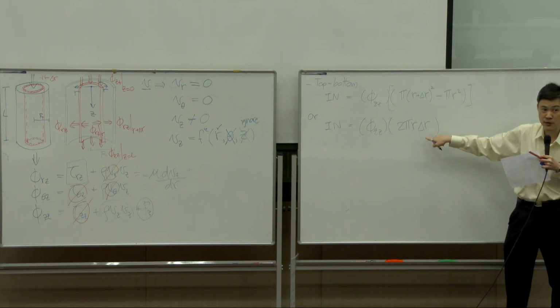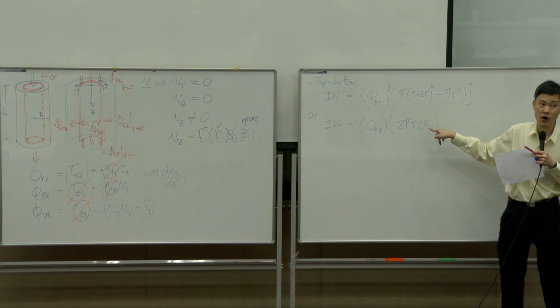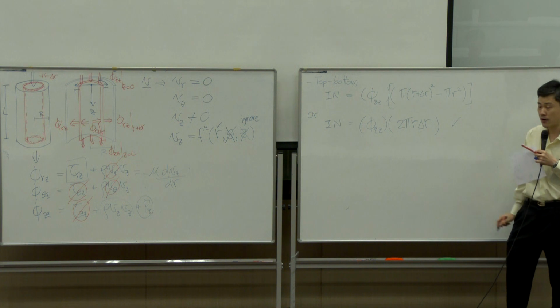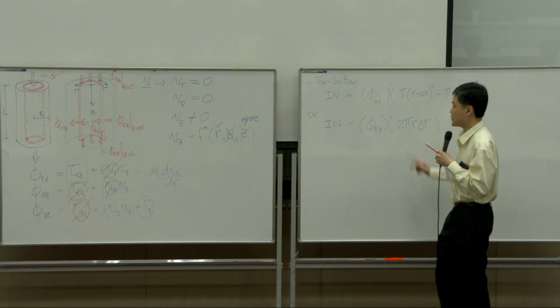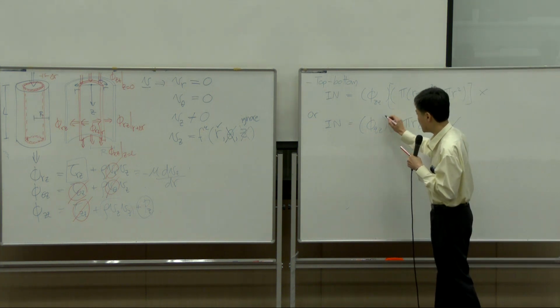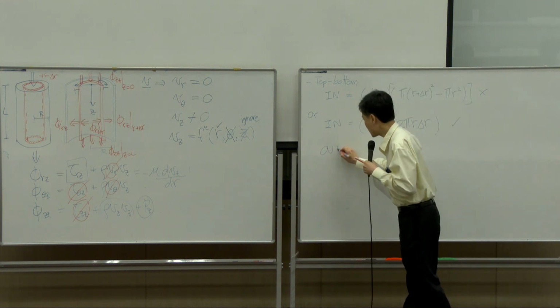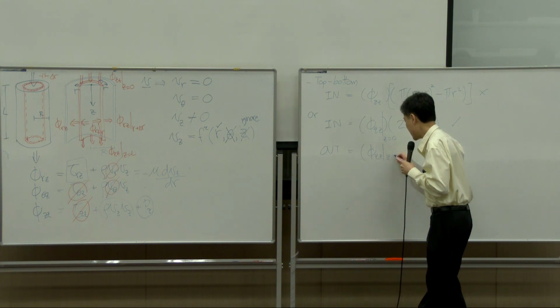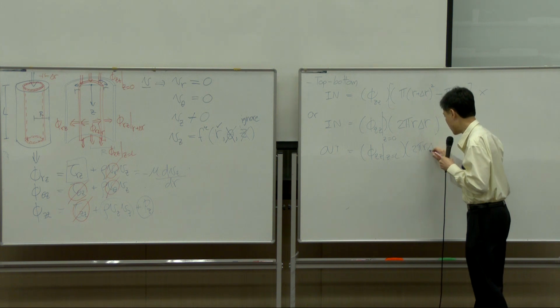This will be true as long as delta r is really, really small. Okay? So we will prefer this one. This one will be a mess. Okay? So in takes place at z equal to 0, out would be the same, except it takes place at z equal to L, times 2 pi r delta r.